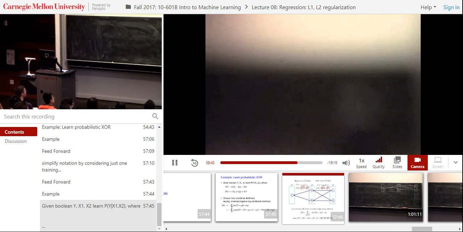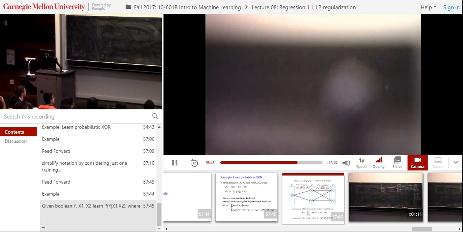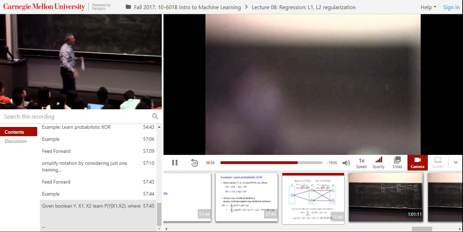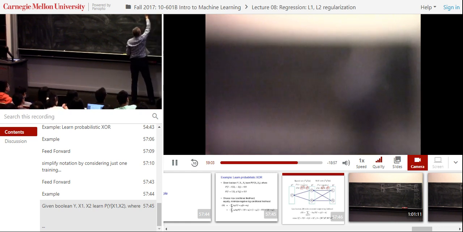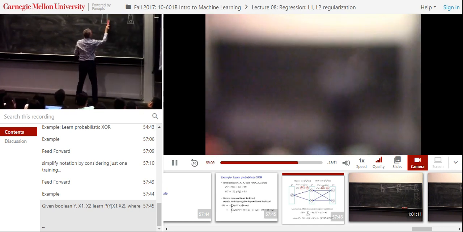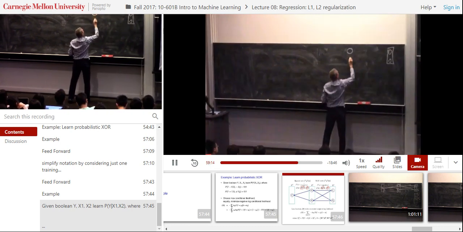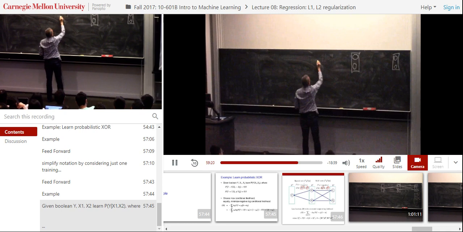Okay, so what I'm going to do is I'm going to draw our network just schematically. Let me make these big enough that we can see. So this is meant to look like the one we're already looking at over there.